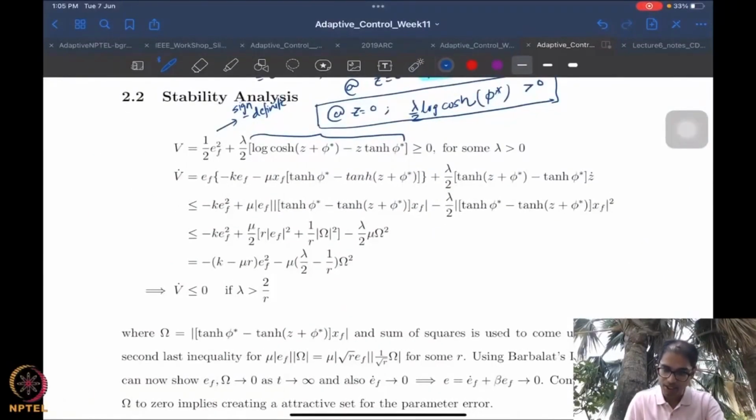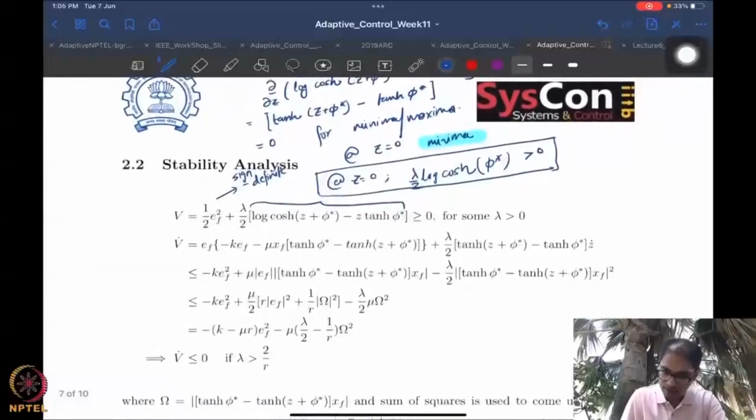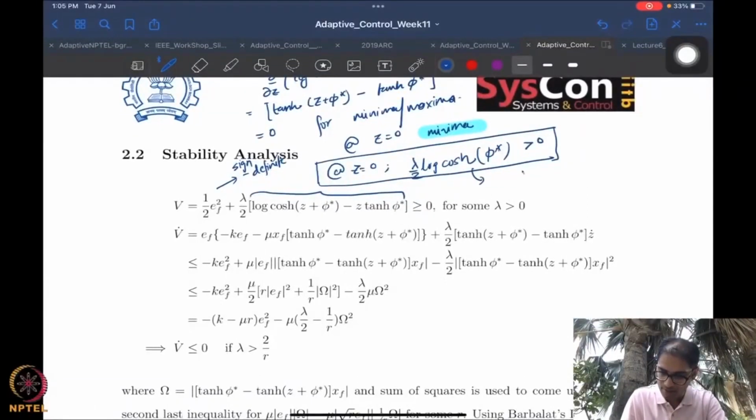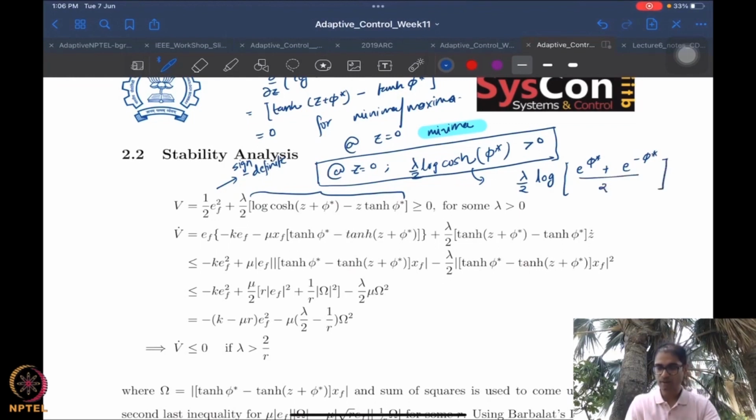so if we write the expression out, let's see. I believe this will be lambda by 2 log of (e to the power phi star plus e to the power minus phi star) divided by 2. Yeah, this is the expression. So I'm wondering if this can turn out to be negative too.